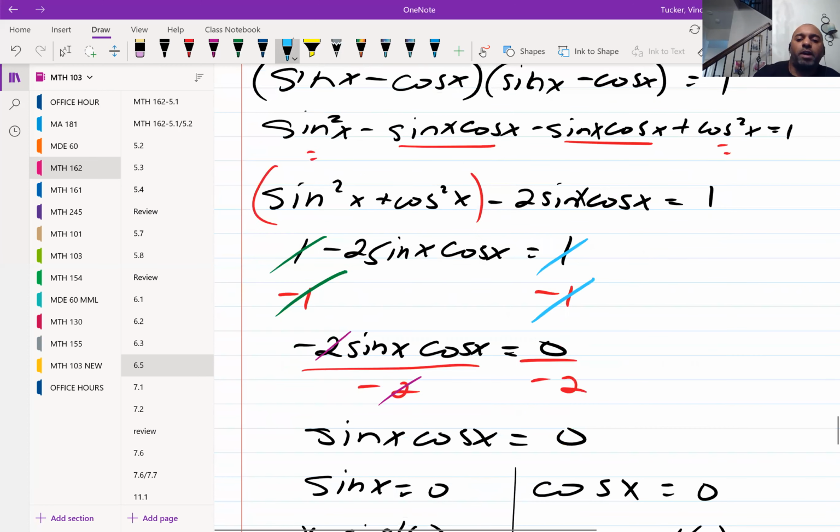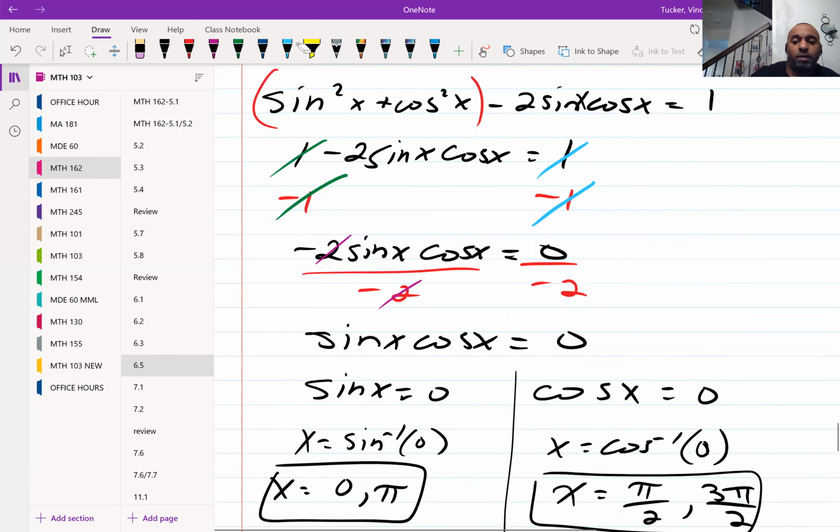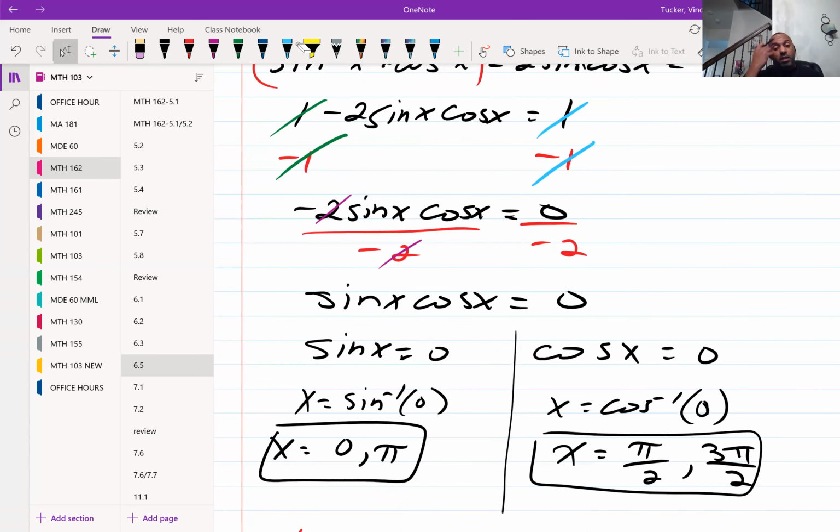All right, so now we have this sine x cosine x equal to 0. And then we go ahead and go about solving by doing our sine inverse and our cosine inverse. So sine inverse of 0 is going to be 0 and pi. Those are two places where sine, your y component, is 0. And cosine inverse of 0, the two places where that occurs is pi over 2, 3 pi over 2. You know, in your unit circle.